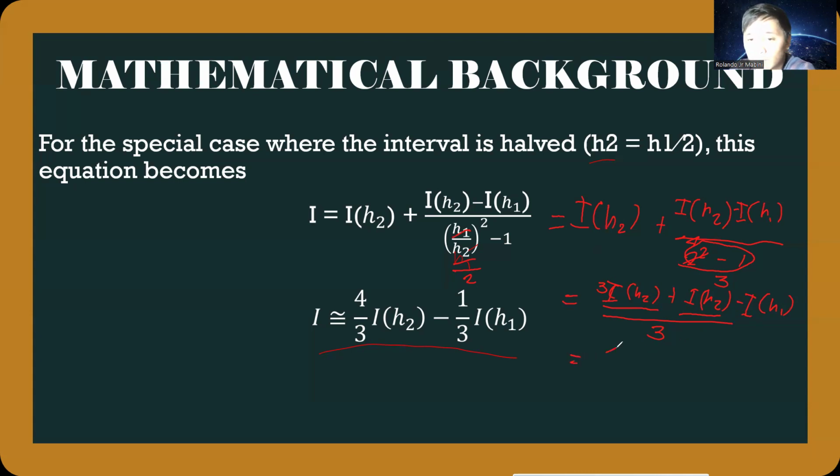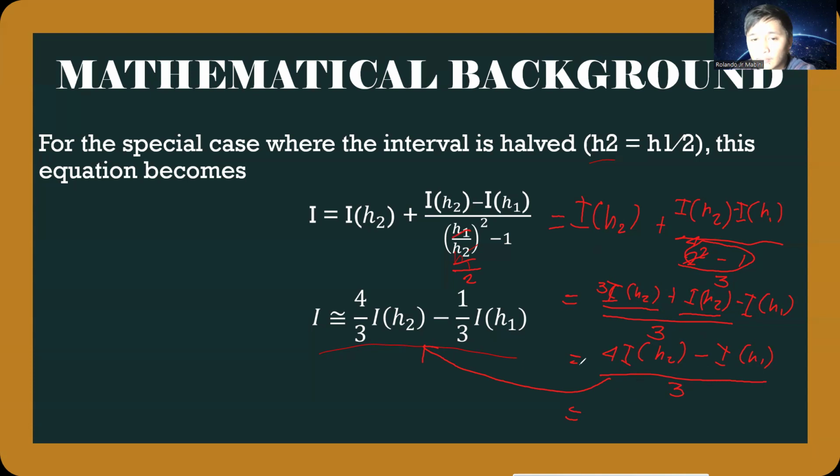So this will become 4 I of h2 minus I of h1, still over 3. So we can now arrive at this. We just separately divide the two terms by 3.